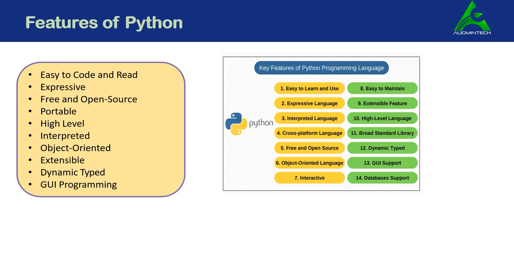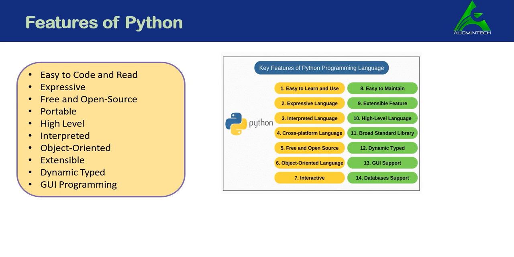Portability means it should be able to run on any operating system. The literal meaning of portable is to carry. So in terms of programming, it should be able to run on any operating system like Windows, Mac, Unix, Linux, Ubuntu, provided the Python interpreter is installed.